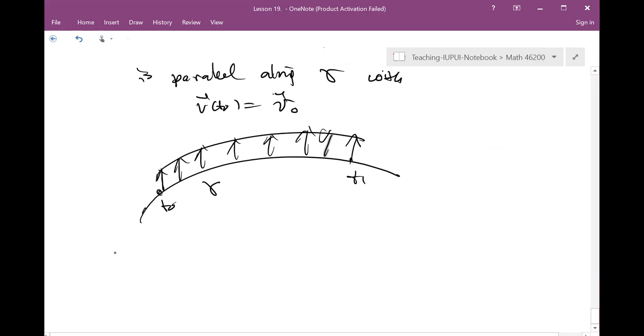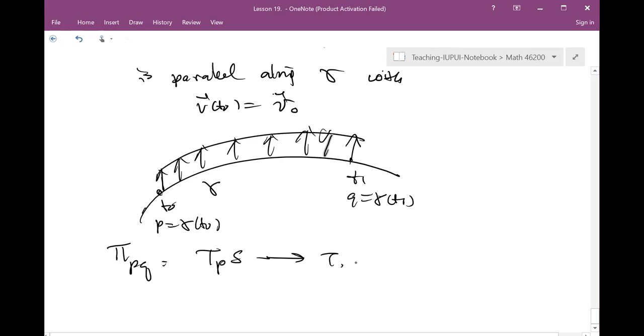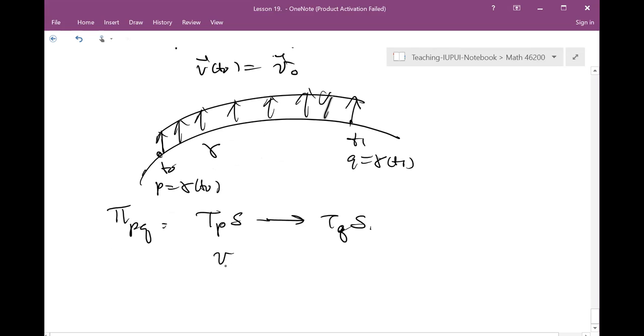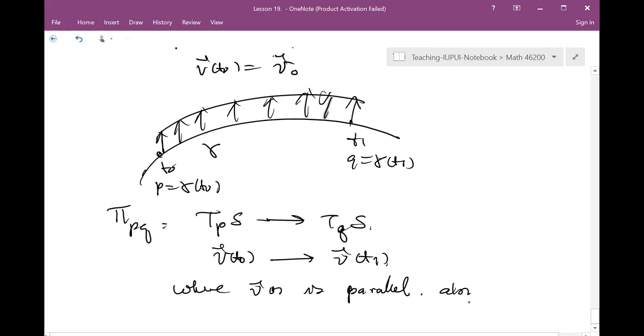If this is a point P, and this is point Q equals gamma of T1, then you have a map from TPS to TQS, defined by sending V0 to V of T1, where V is parallel along gamma.